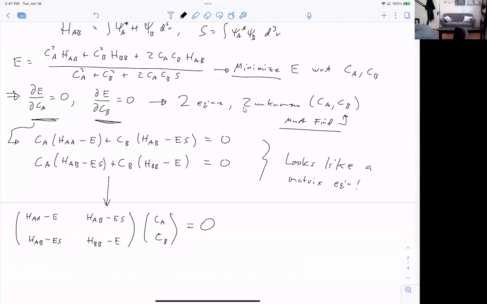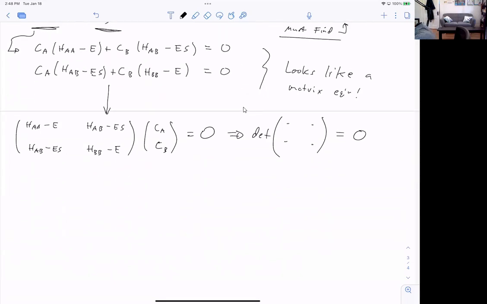And so if I have a matrix times a vector equals 0, then of course the determinant of that matrix has to equal 0, because that's something you know from linear algebra. So then I take the determinant of this: this times this minus this times this equals 0.